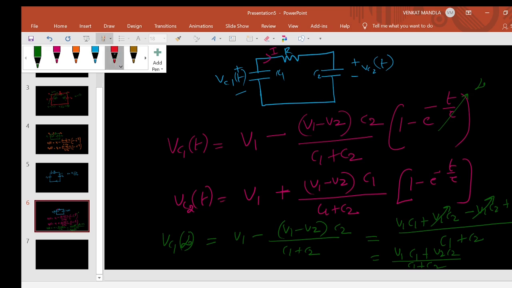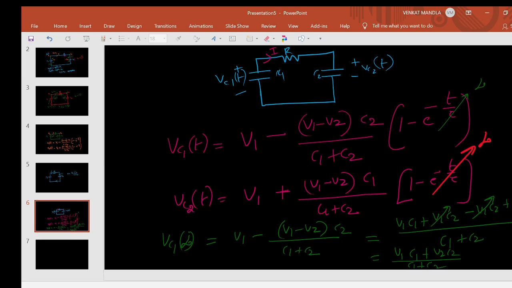Now calculate Vc2 of infinity. Here t tends to infinity, so this term becomes 0. Then we will get V2 plus V1 minus V2 into C1 by C1 plus C2.